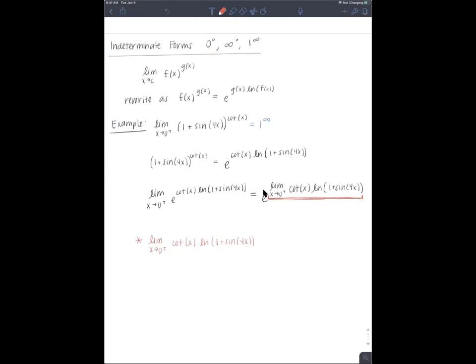Remember your trig rules. What can I do with that cotangent? Yeah, I can either do it as cosine over sine, or I'm actually just going to do 1 over tangent.